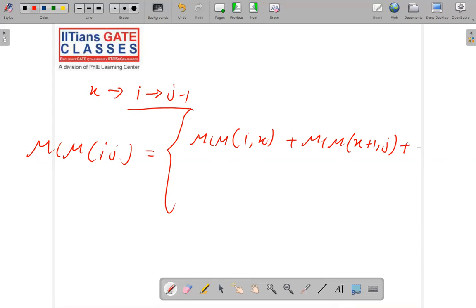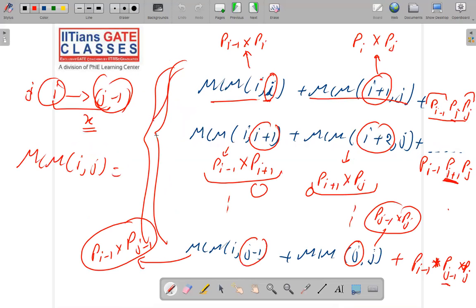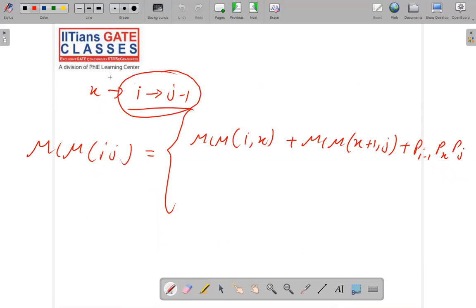And here the cost will also be P(i-1), Px, and Pj. Once you vary this X from I to J minus 1, you can generate all these calls. Instead of considering I,J, we have considered a variable X. So this is the generic format of calling MCM.